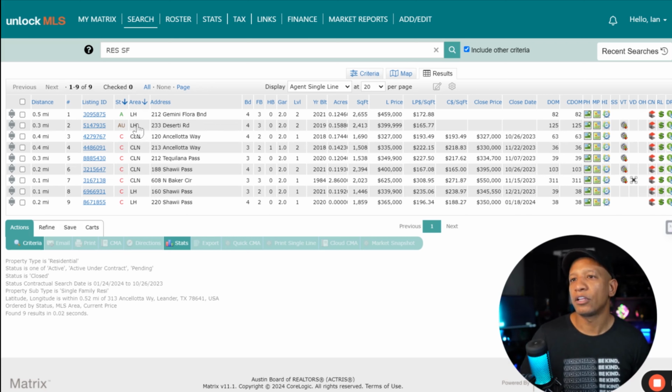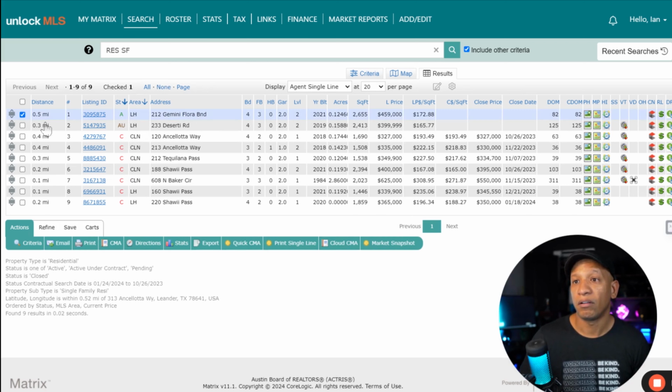Looking at the current competition, which is really only Gemini, is the only other current competition. These are all resale homes. This 1984 doesn't count. And so I'm looking at it and it looks like we're at about $215 a square foot easily, right?